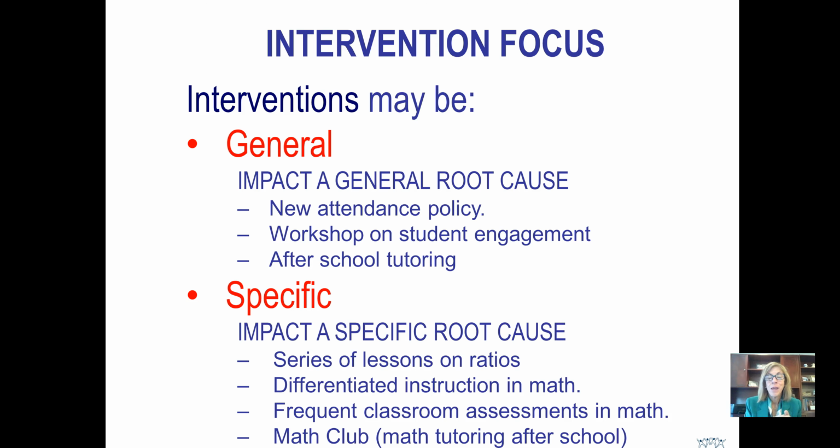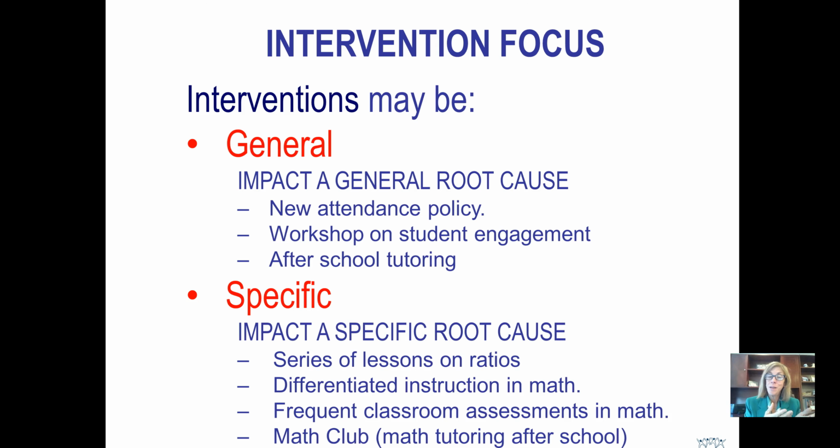Another one might be that we're not giving frequent assessments in the classroom, so teachers aren't able to identify which students have mastered ratios and which haven't. And so again, that's a very specific root cause, and now let's put in a very specific intervention: we're going to do frequent classroom assessments.